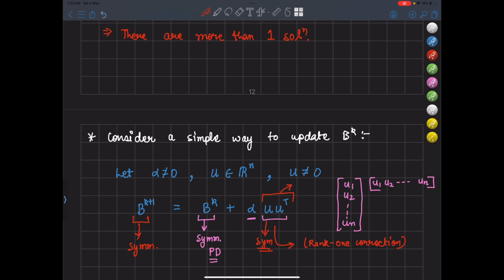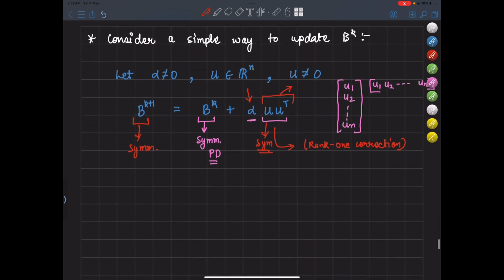Now we have to choose alpha such that bk plus 1 satisfies the quasi-Newton condition. So choose alpha and u both. u is a vector, but we have to choose alpha and u such that this bk plus 1 satisfies the quasi-Newton condition.